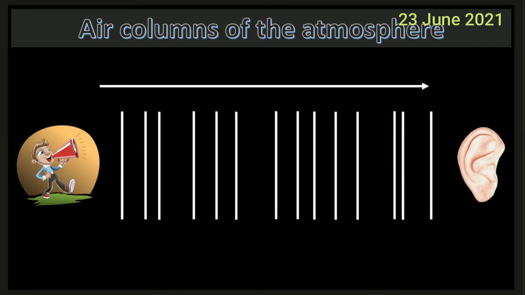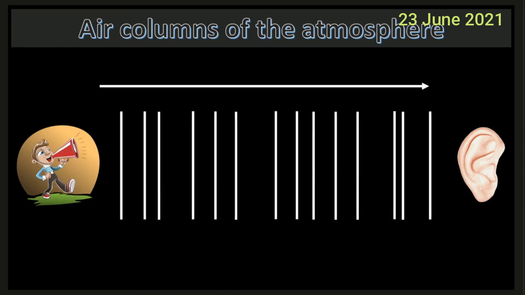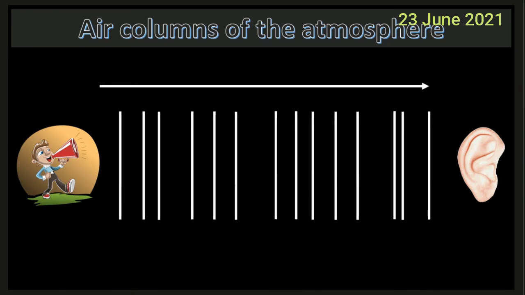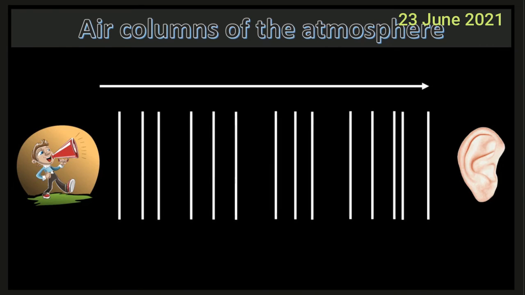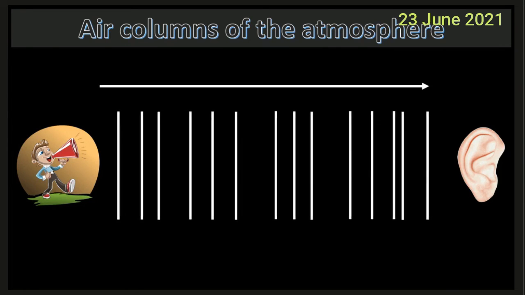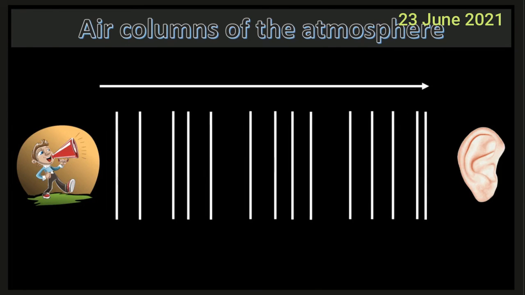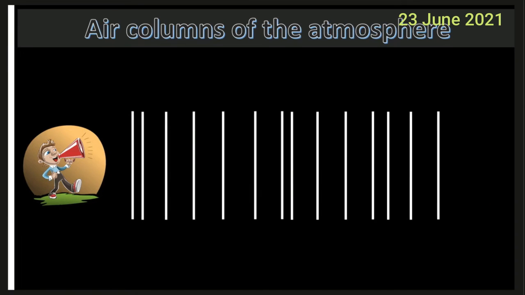Suppose you can take a snapshot of this phenomenon. Somewhere you can pause and take a photo of this phenomenon, this vibration. It may be like this. Now observe properly.